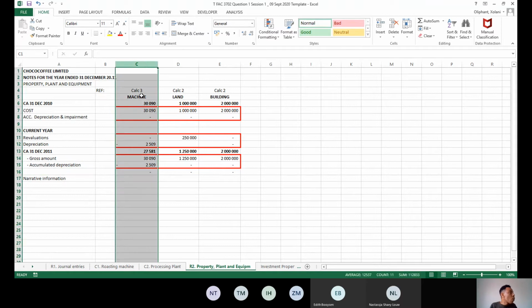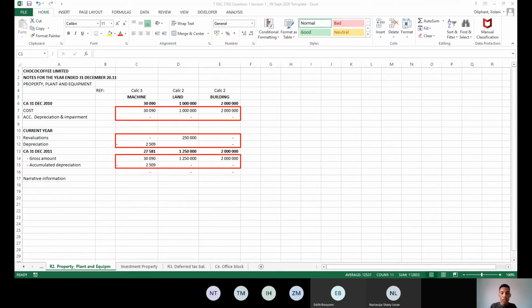So now you are done with your roasting machine, right? The only part that perhaps you would have forgotten with the roasting machine is to say how the deferred tax implication would look for this machine.